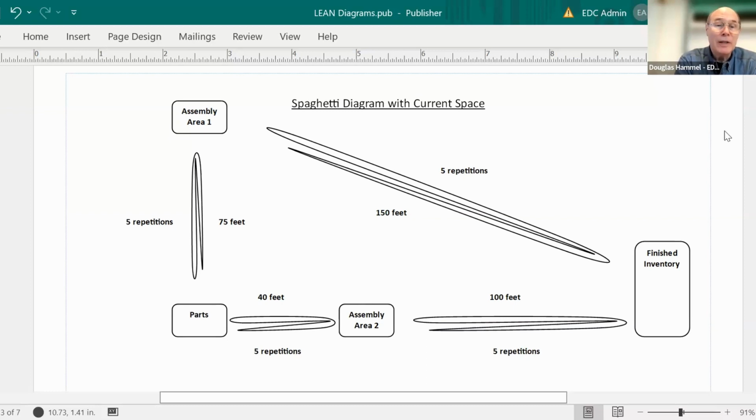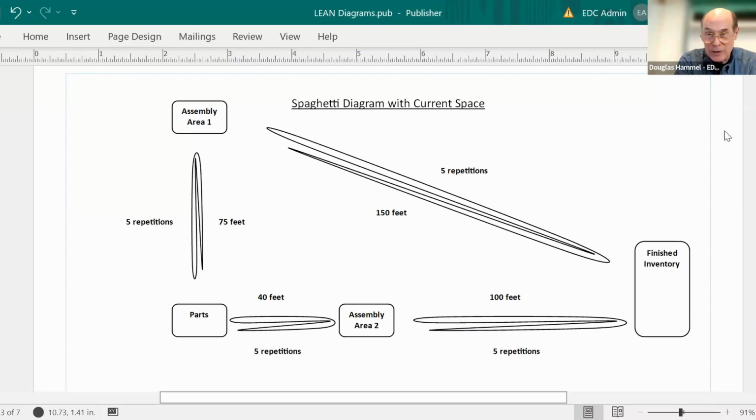But if you look at the squiggly diagram between that represents repetitions. So you can see from parts to assembly area 1, there were 5 repetitions at 75 feet. So that's 150 feet round trip, 5 times. That's very suspicious. Also for the second assembly area, there were 5 repetitions at 40 feet each.